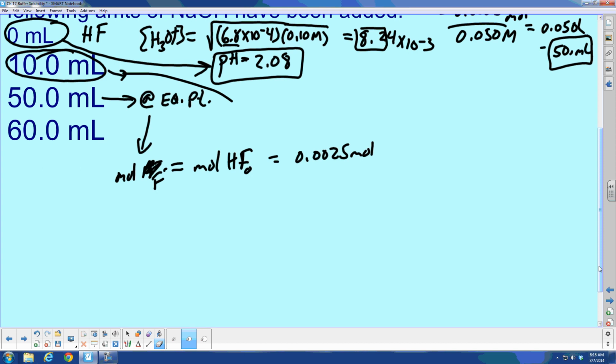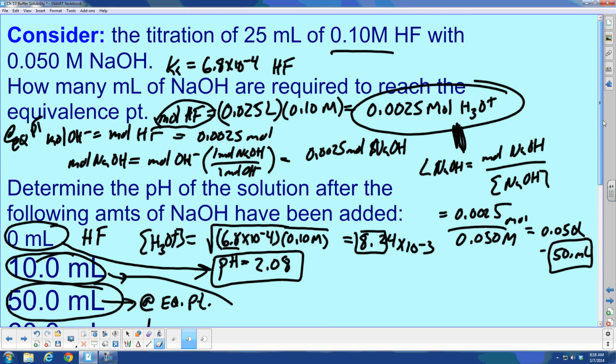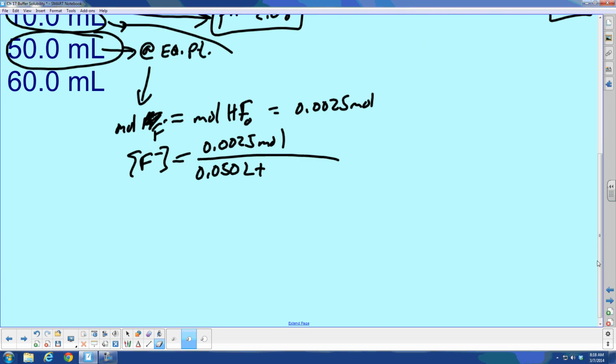What is my concentration of F minus? Well, it's going to be equal to my moles, 0.0025 moles, divided by what? My total volume. Well, first of all, I have 50 mL of my strong base, 0.050 liters, plus how much of my weak acid did I start with? 25 mL, which is 0.025 liters.